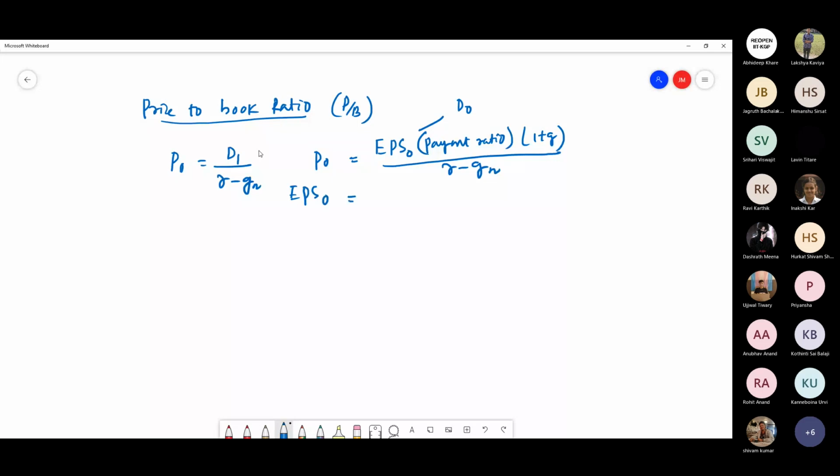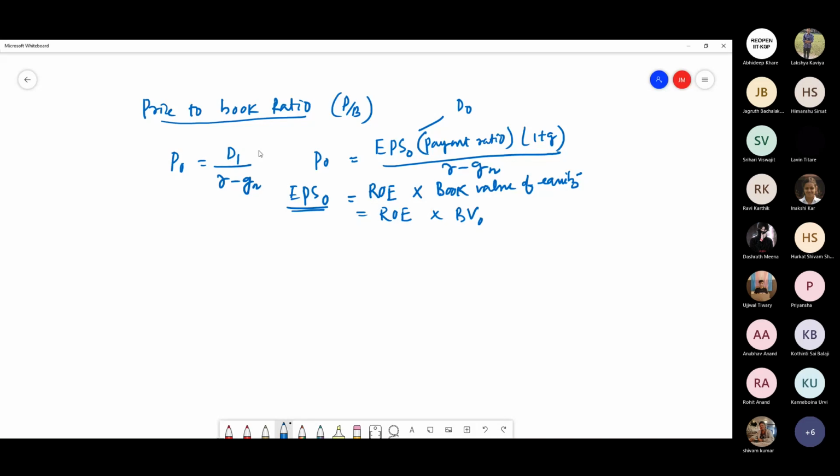The earnings per share is nothing but your return on equity multiplied by the book value of the equity. Return on equity you already know: net income divided by the total equity. Return on equity multiplied by the book value of equity will give you the EPS 0, which is the return on equity multiplied by the book value in the initial period.